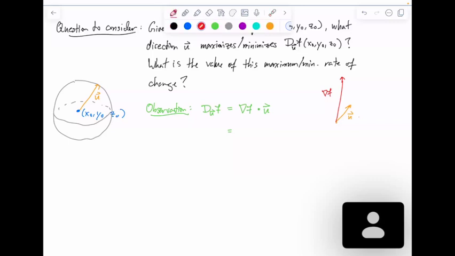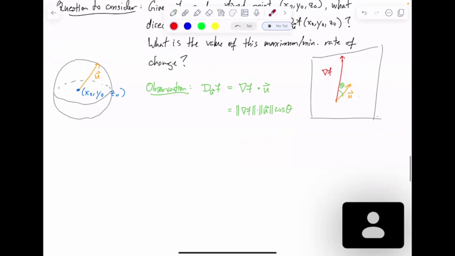Suppose these vectors are contained in the same plane, and I draw an angle between them. Then we know from last half of this class that this is the same thing as the magnitude of the gradient times the magnitude of u times cosine of the angle between them. I'll write the angle in green.